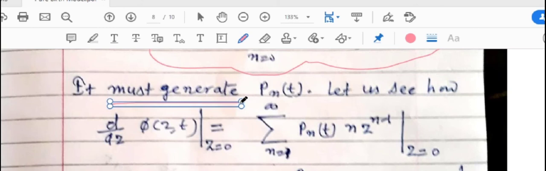It cannot happen that it is not going to generate probability. It must. If it is a must, then how can we get it? Let us see how.